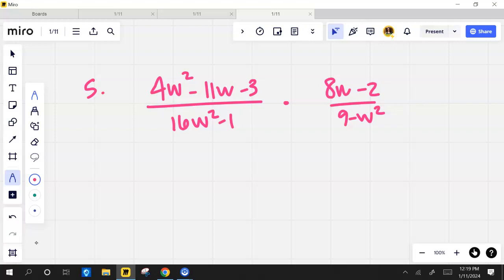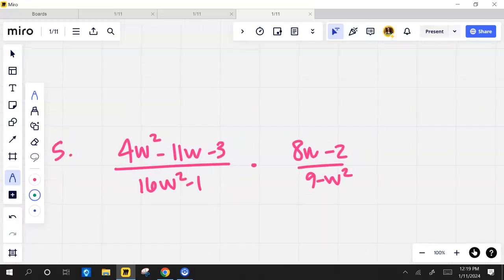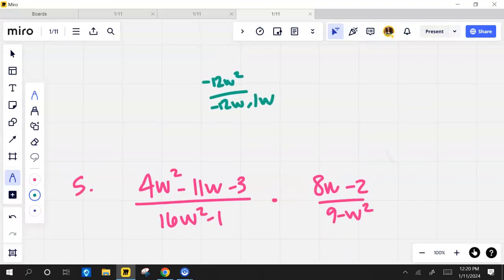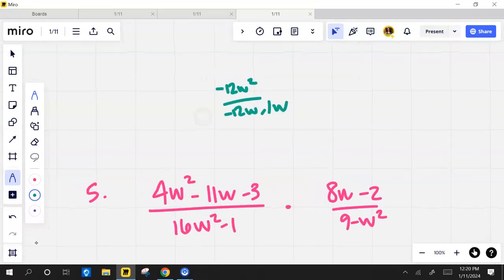All right, so up top, if I factor this, again, this is going to be a slash type problem. So what multiplies to negative 12w squared but adds to negative 11? Negative 12 and positive 1. So 4w squared minus 12w plus 1w minus 3.